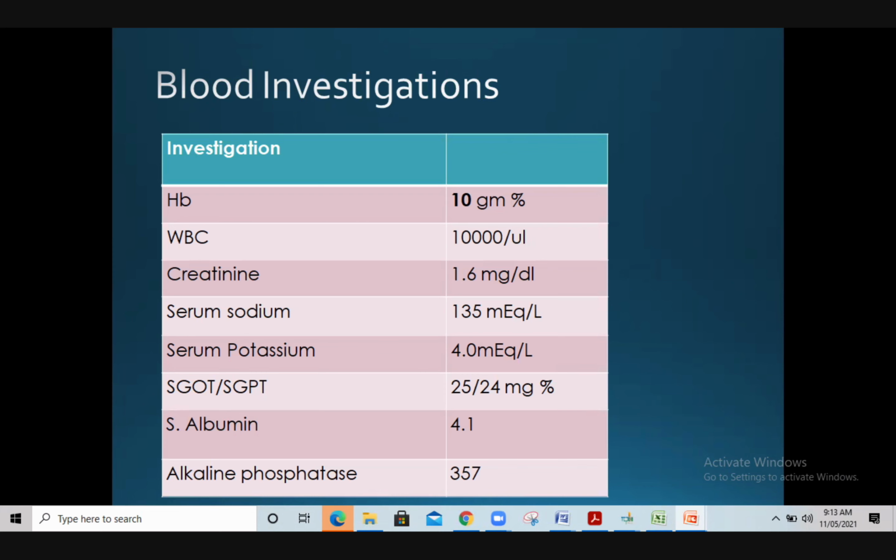PSA more than 100. What does it mean when the lab says more than 100? Some labs will say more than 100, some labs will say 1,000, some labs will say 2,000. It's immeasurable. Why have they written that?